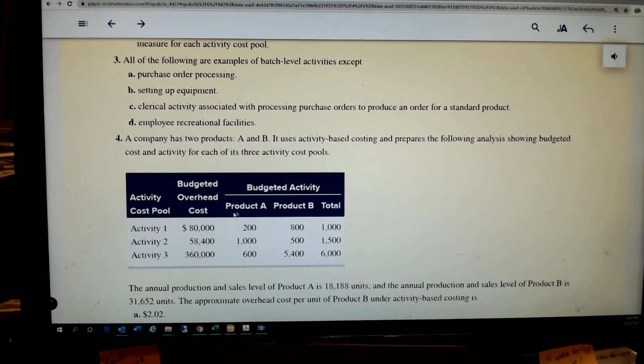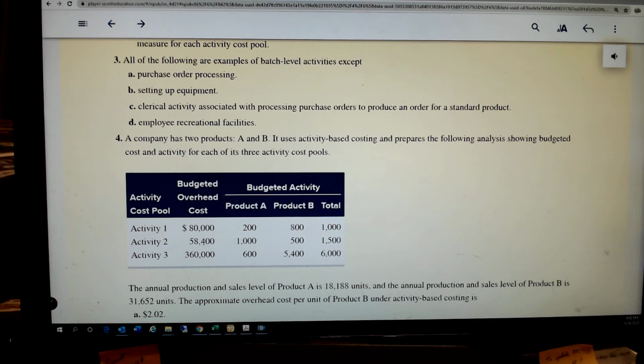Then they said that the budgeted activity for activity 1, this $80,000 of factory overhead to operate activity 1, product A is going to utilize 2,000 whatever it is and 800 of whatever it is. 200 purchase orders, 800 purchase orders, possibly.